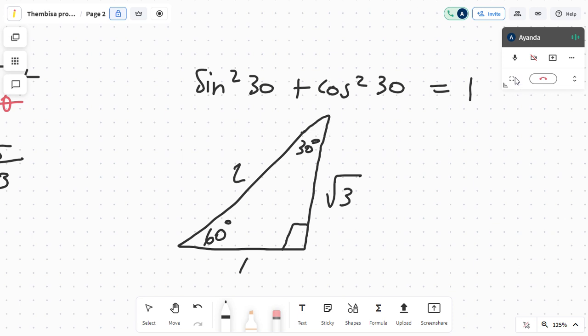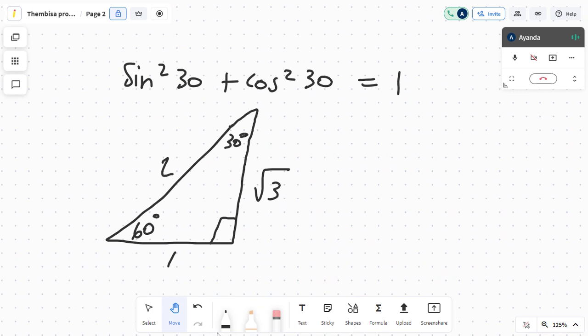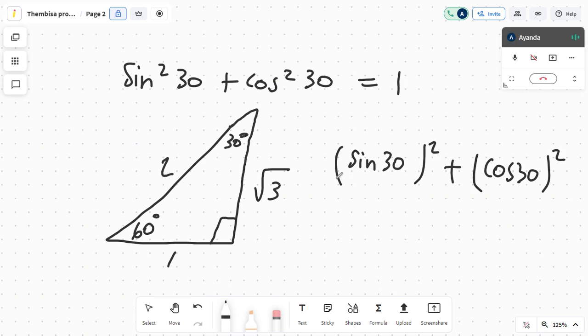So sine squared 30 is sine of 30 squared plus cos of 30 squared. So what is sine of 30? Sine of 30 is opposite over hypotenuse. Opposite 1, hypotenuse is 2. So this is 1 over 2 squared. Cos is adjacent over hypotenuse.